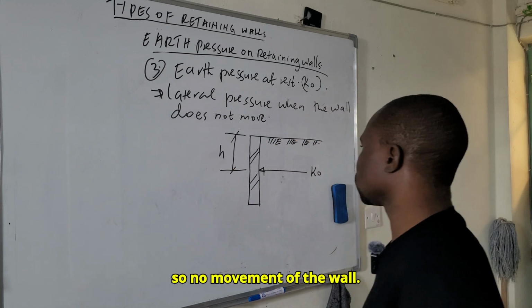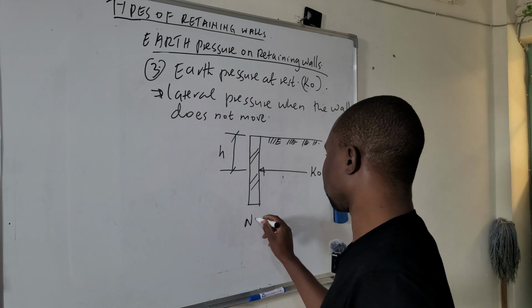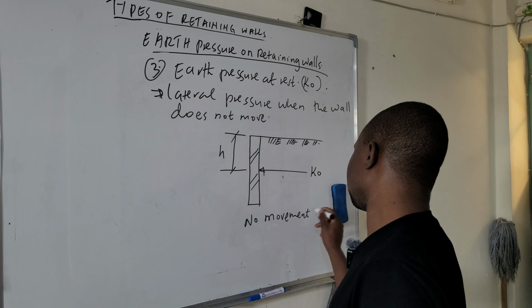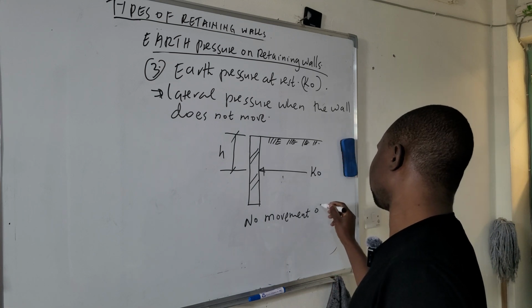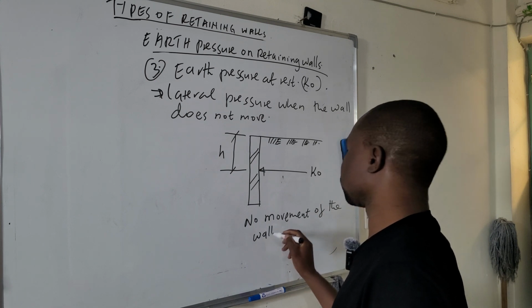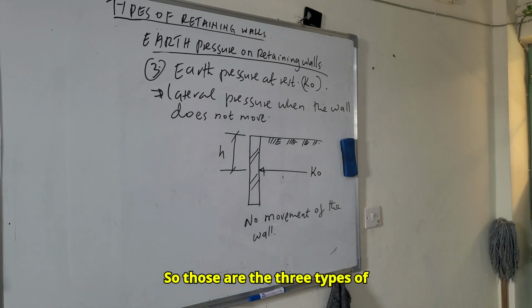So no movement of the wall. So those are the 3 types of earth pressure on retaining walls.